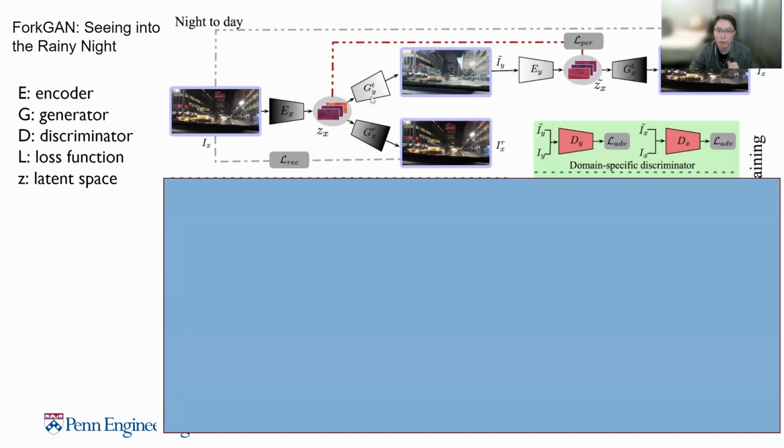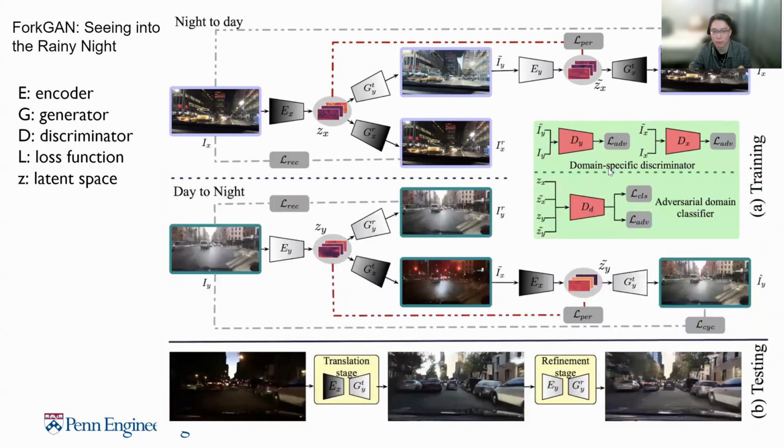So if all the pipelines are correct, that means this latent space should be the same as this latent space, because the latent space should represent the essential part of the image, regardless of whether it's a night scene or day scene. And it has this discriminator to compare whether these images are the same or not, false or true.